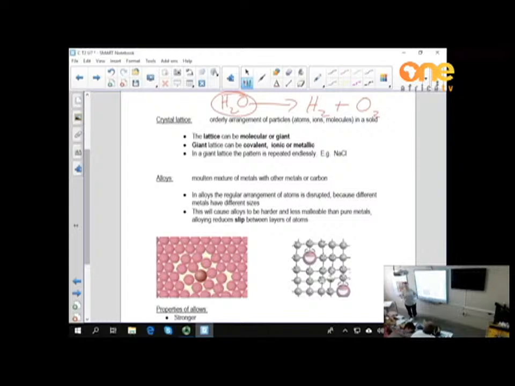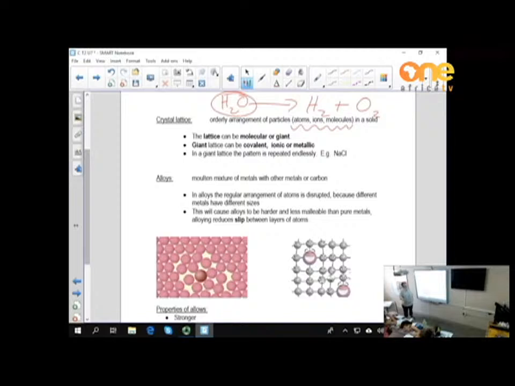If the solid was sodium chloride, the particles would be sodium ions and chloride ions. Do you follow? All right, so it doesn't matter whether it's molecular or ionic. A crystal lattice is simply the orderly arrangement of particles, the particles being atoms, ions, or molecules.